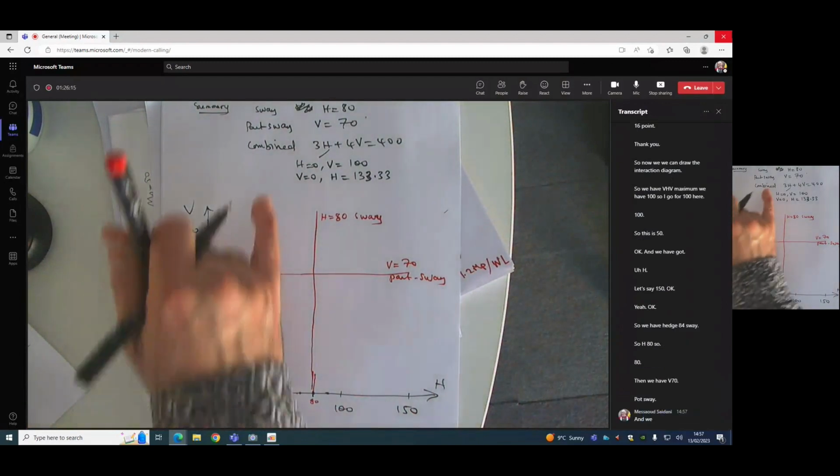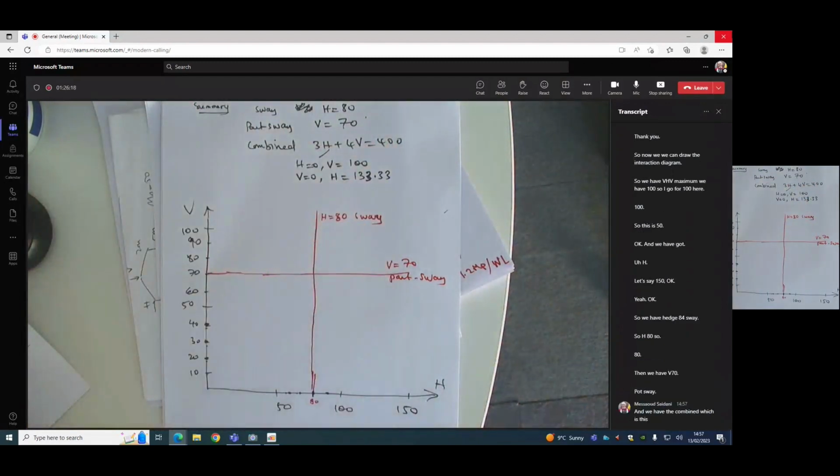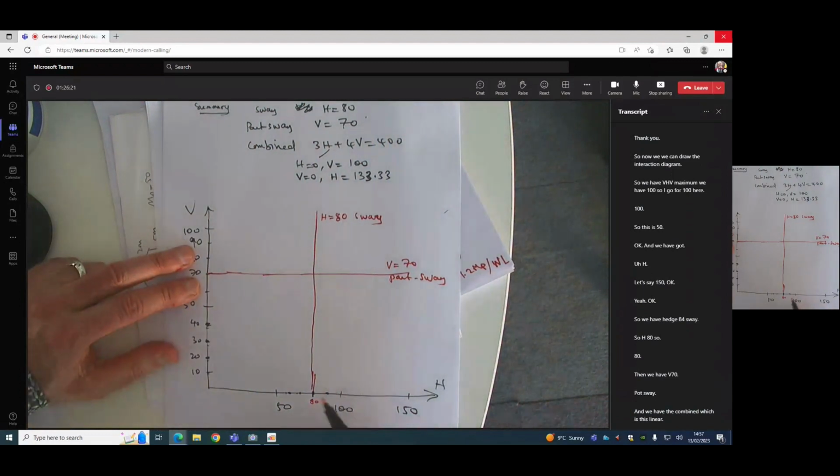And we have the combined, which is this linear expression.